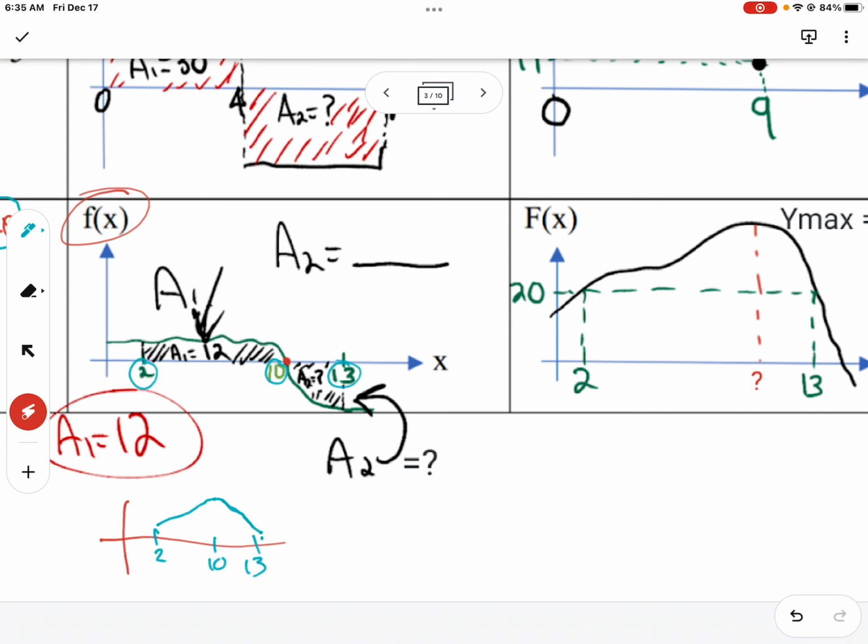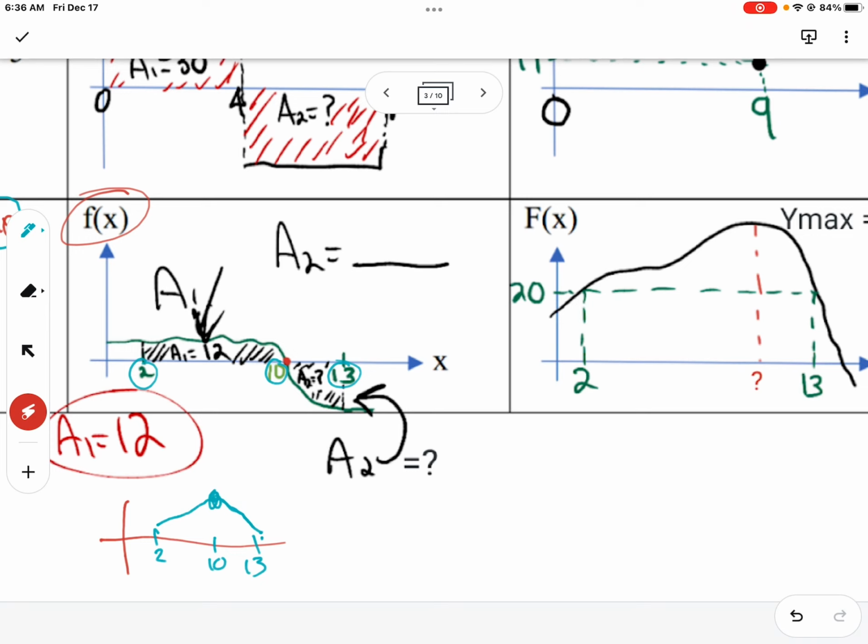And what is that? Well, I now know that x equals 10 will have to be the location of the maximum on the original, because that's where it switches from snowing to raining. It switches from accumulating snow to melting snow.